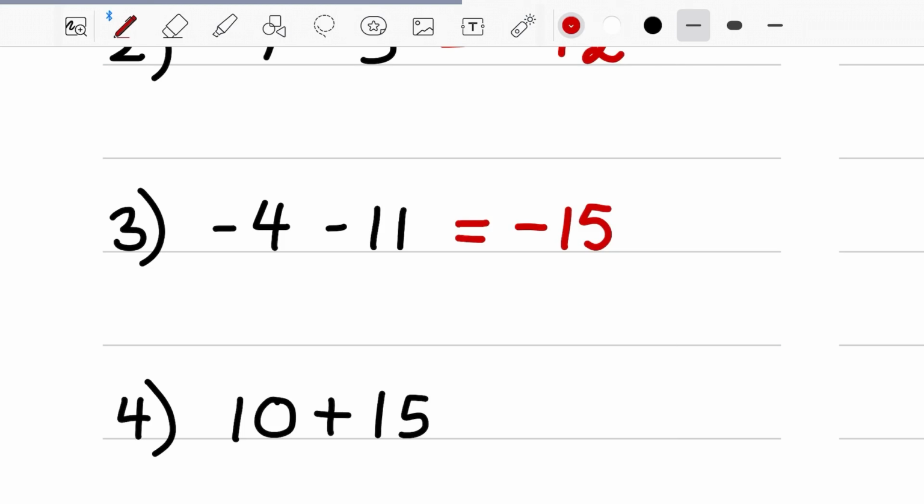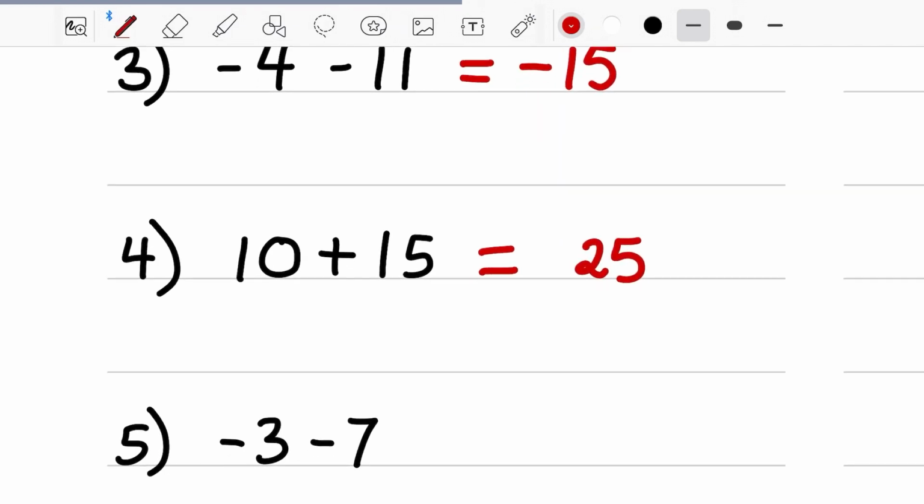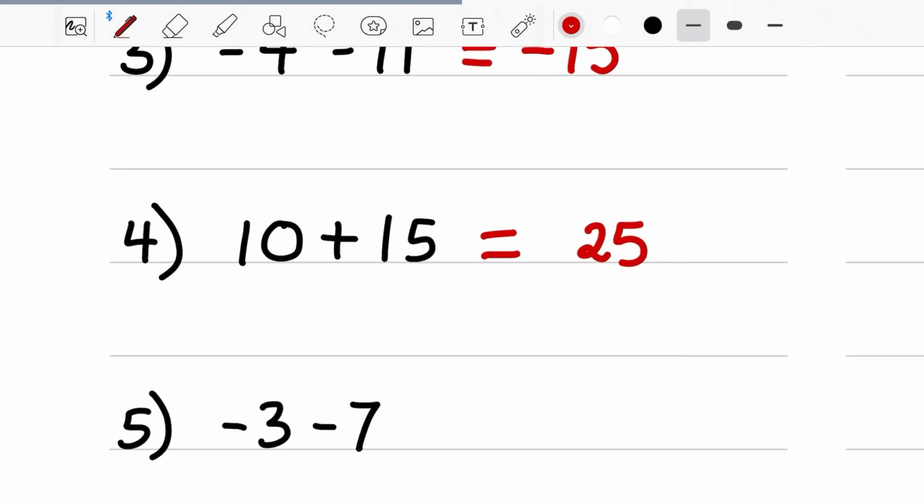Question 4, we have 10 plus 15. Both these signs are the same since they're both positive. So we add 10 plus 15, which is 25. And since our numbers are both positive, then our answer will also be positive. For question 5, we have minus 3 minus 7.